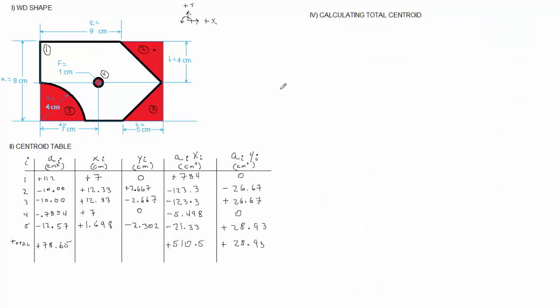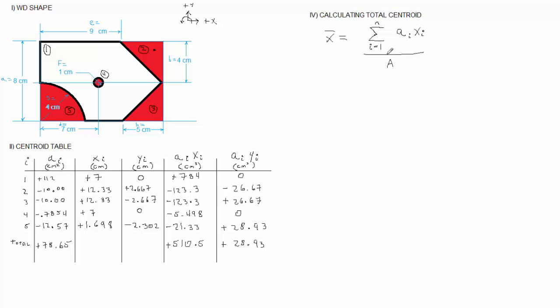And the total AiYi is going to be a positive 28.93. And for the last step, here's where we use our centroid formula that I showed you earlier, where the total x bar equals the sum from i equals 1 to n of Ai xi divided by capital A. And that might look kind of complicated.